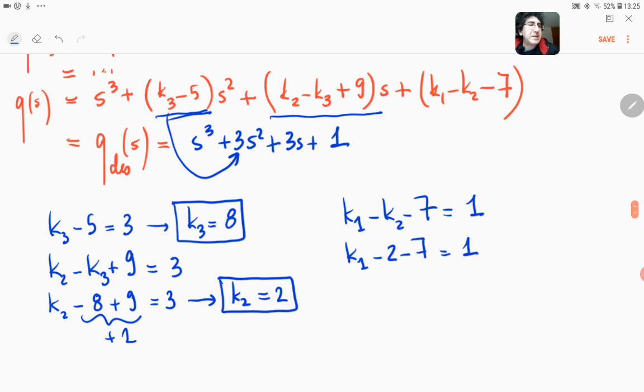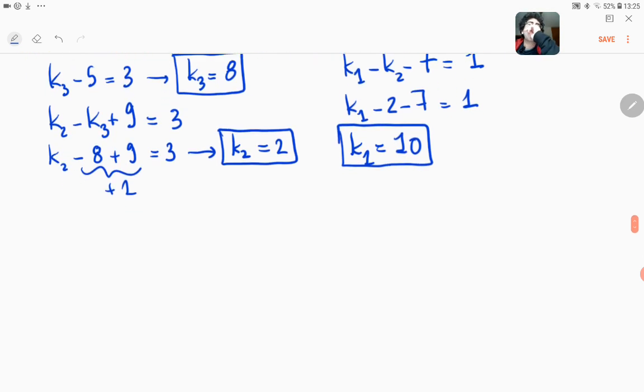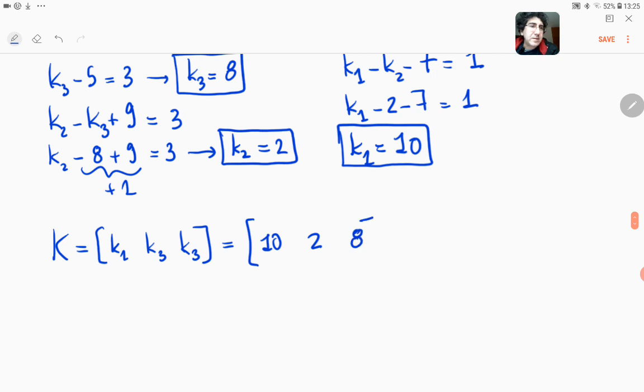So we have minus 9 here and plus 1 over here, so K1 actually comes out to be 10. Okay, so that means the K vector, which is composed of these three coefficients, is equal to 10, 2, and 8.